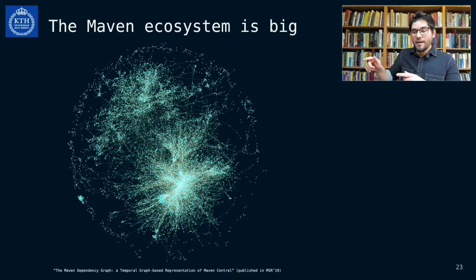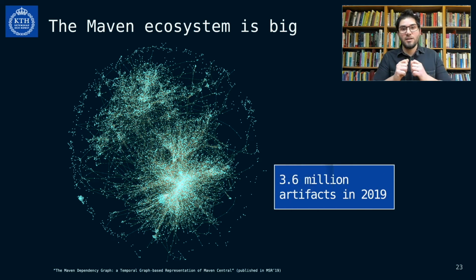What you're seeing in this figure is part of the Maven dependency graph that we built. It contained 3.6 million artifacts in 2019.